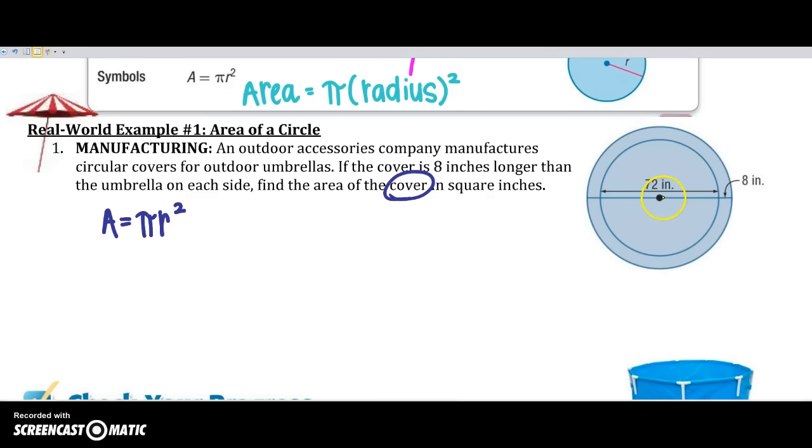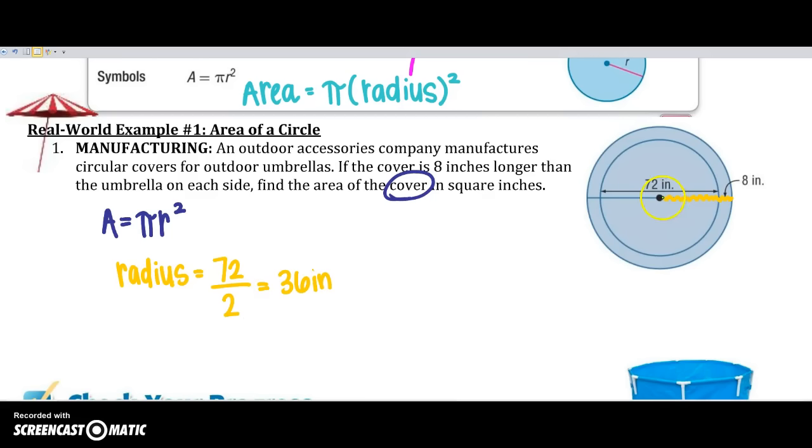And we know that 72 is the entire length. And for the cover, that also includes that 8 inches that it has to overlap the umbrella. So my radius is going to be 72, because that's the diameter, divided by 2, which gives me 36 inches.